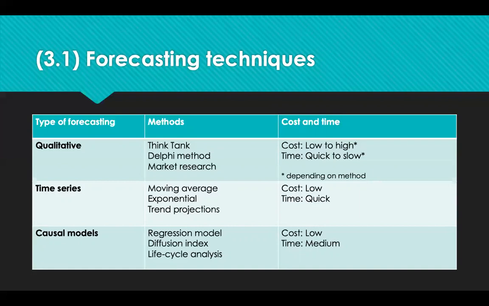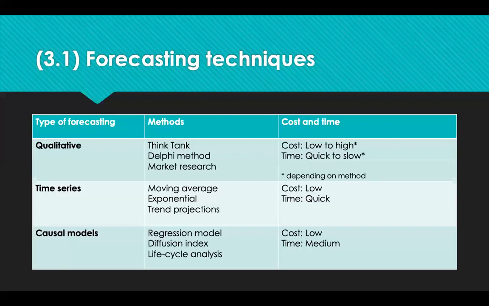But it's really good for identifying seasonal trends, cyclical trends, and growth rates. So you use your moving average, something called exponential smoothing, and trend projections. The cost is quite low and the time is quite quick, so long as you've got several years' worth of historical data to work with.